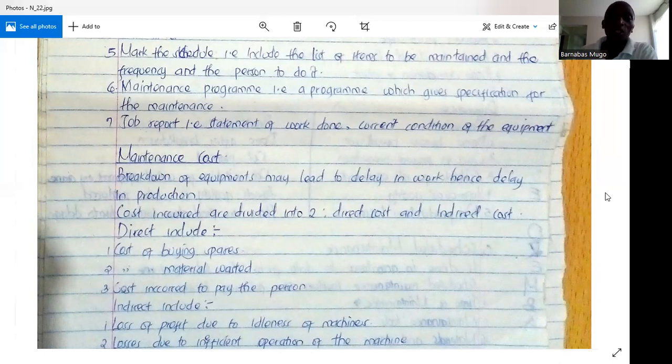So when we are looking at the maintenance cost of the machine, we are looking at the fact that breakdown of equipment may lead to delay in work, hence delay in production.